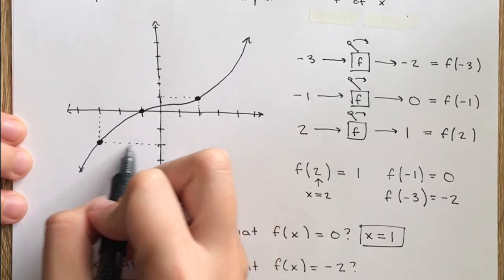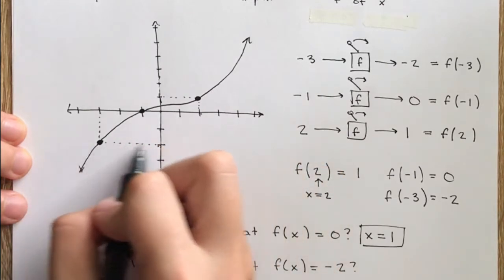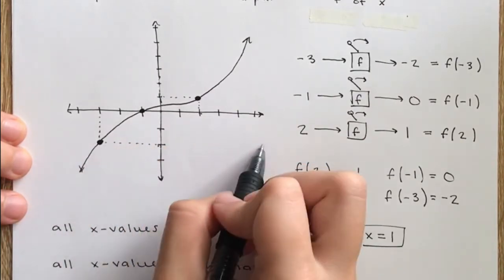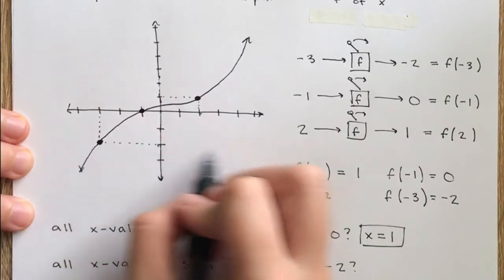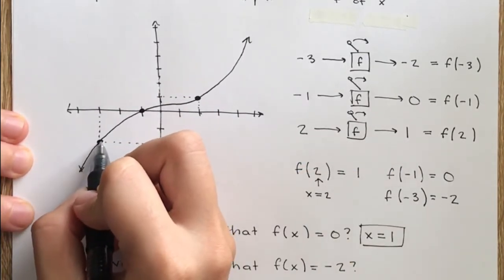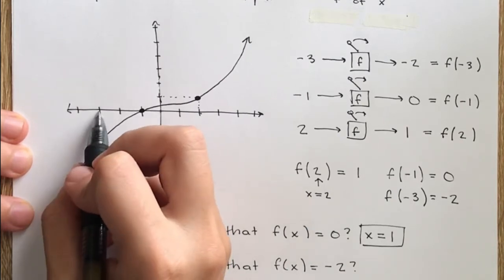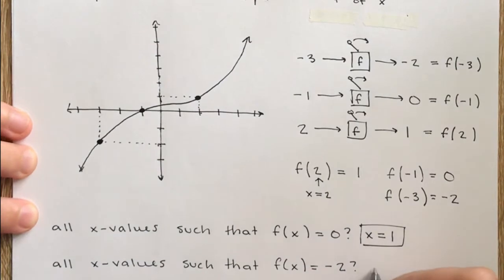So y is -2 here, right? These are all the points where y is -2. Where do we intersect with the function? Here. And what is our x value for this point? Well, it's -3. So we have x equals -3.